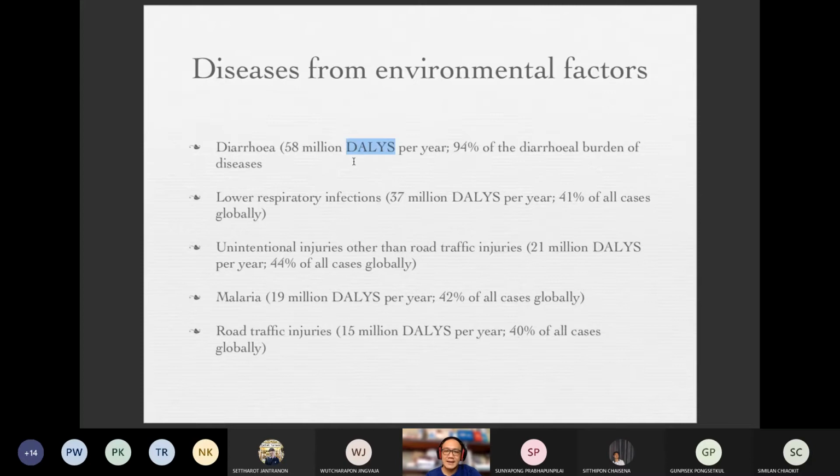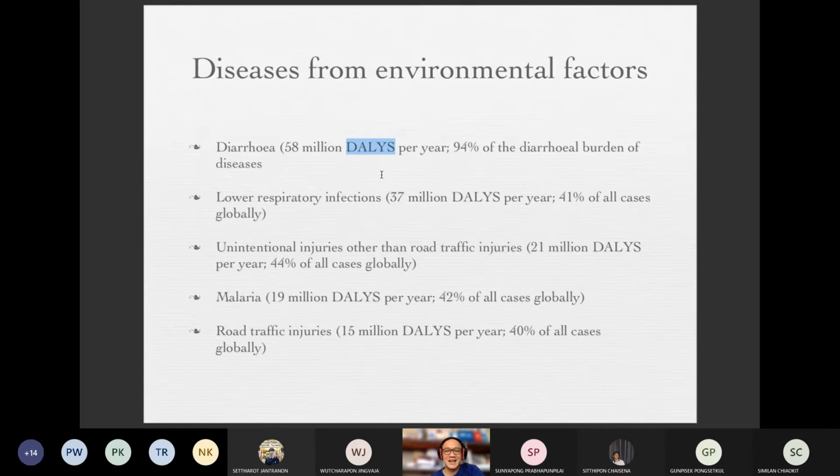DALYS stands for disability adjusted life years. You can look for this term on the internet.